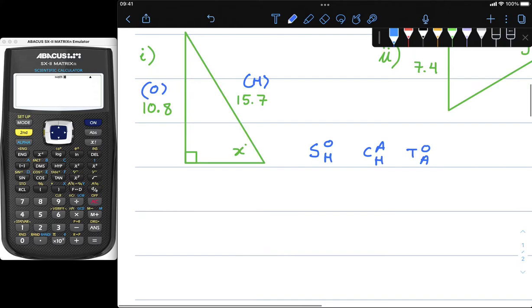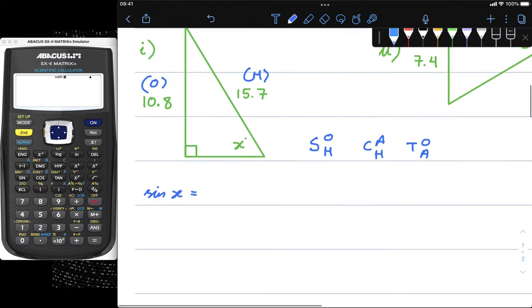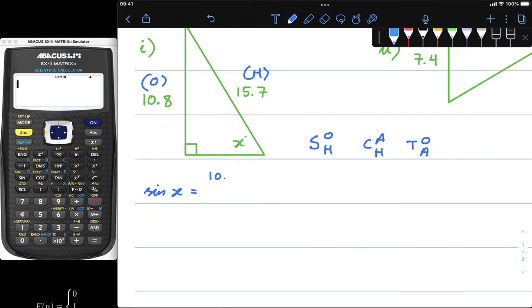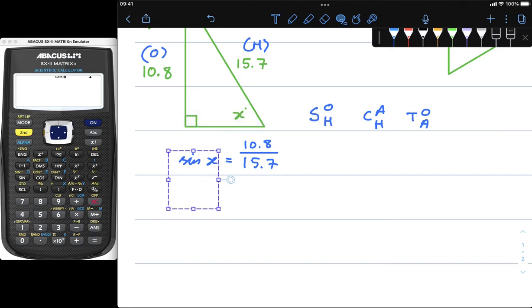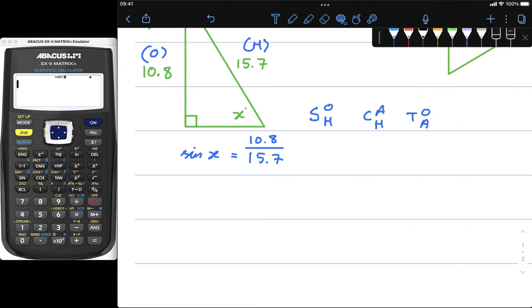So we place it in the correct ratio, so sine of x, we actually don't need that degree symbol, so sine of x is equal to opposite over hypotenuse, and that there is correctly placed. Now what actually happens is, just as we reverse equations, so if we see a division we multiply, and when we see a multiply we divide, and so on.